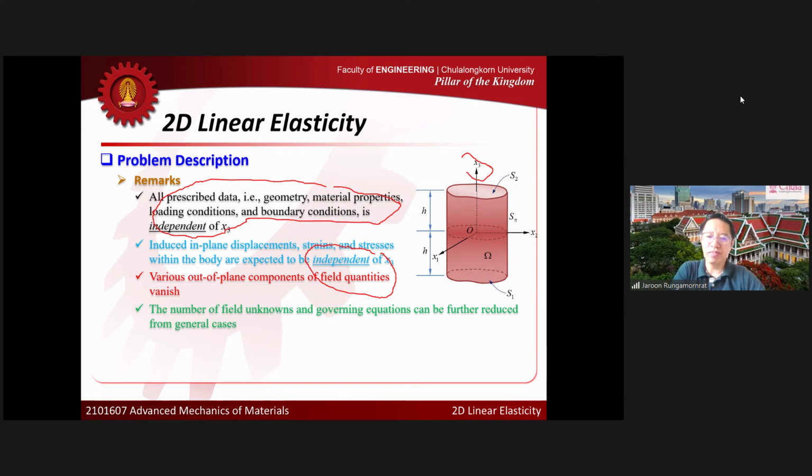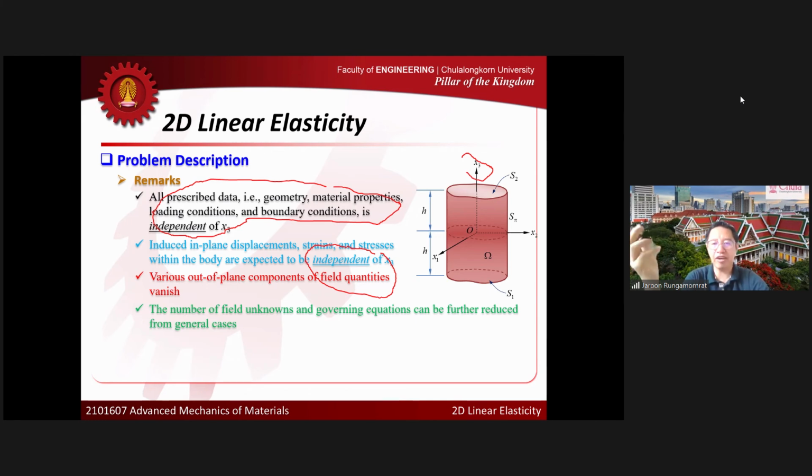information of the problem. So we expect that the number of field unknowns, if you remember, for the general three-dimensional problem, we have 15 unknowns, right? We have 3 displacements, 6 independent stress components, and 6 independent strain components. Totally, we have 15, right?